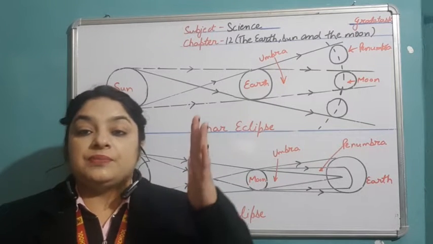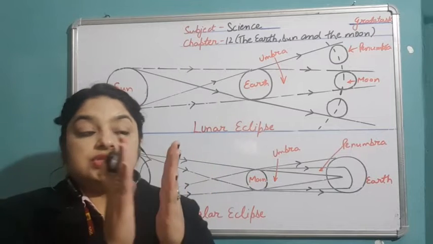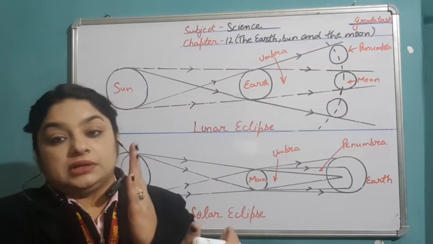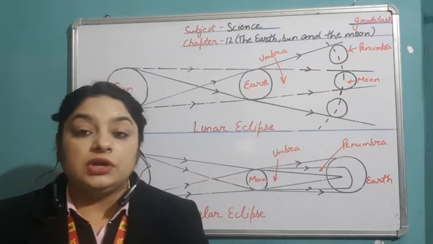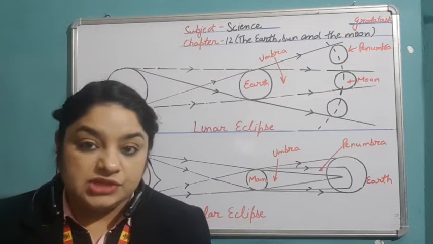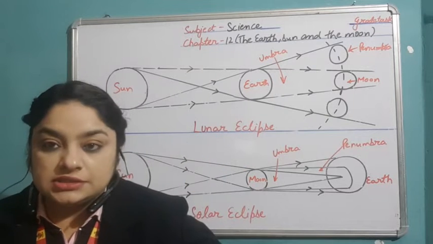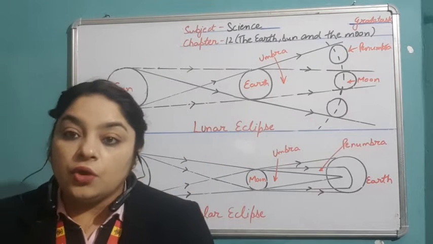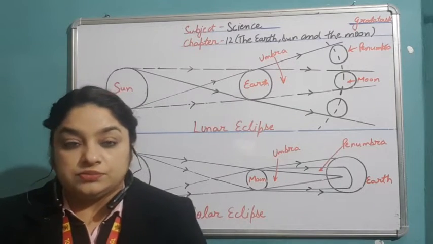For example, my hand: if rays of light fall on this, it doesn't allow light to pass through it. All the objects from which we cannot see what is there on the other side are opaque objects.